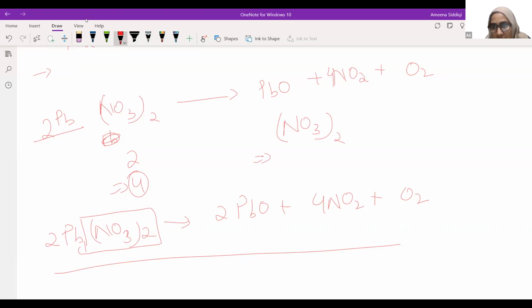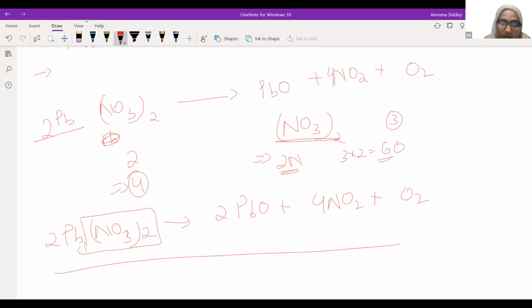That means it will be multiplied by 2 because it is whole twice. That gives you 2 nitrogen atoms, only from this part. Then come to oxygen. Oxygen is already O3. 3 is the subscript. That means there are 3 oxygen atoms, and whole twice means there are 2 like this. So 3 into 2 gives you 6 oxygen atoms.